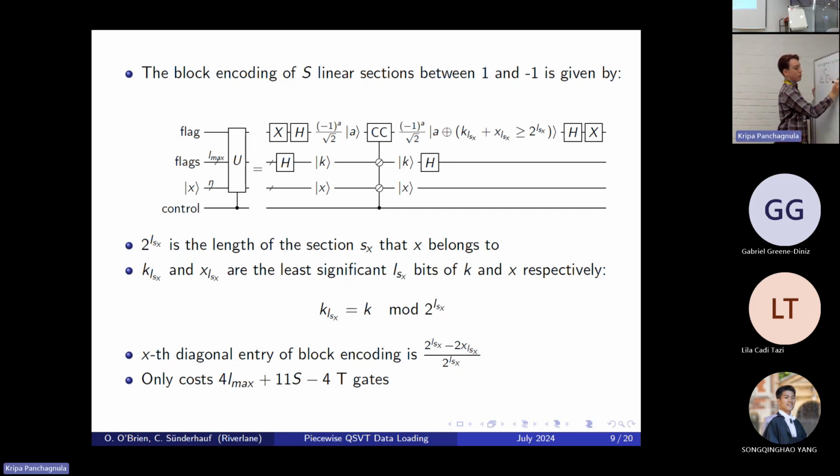And because it's just controlled off, these are orthogonal states. We're only going to have these contributing where K is equal to K prime. So in the end, this just gives us a 1 over L max sum over K equals 0 to L max contribution. The interesting stuff happens with the flag qubit.